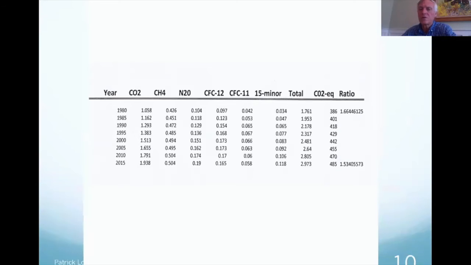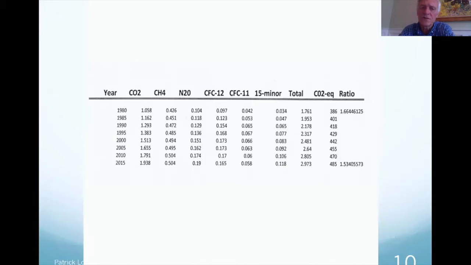And if you look at a table, you will see in graphs and so on that I show in the future something called CO2e or CO2eq. So if you look over to the right, there's a table there of CO2eq, right? It starts at 386, and at the bottom of the table in 2015 is 485.